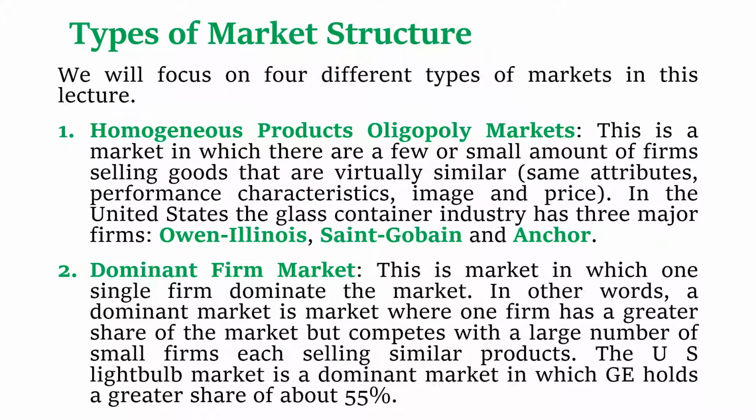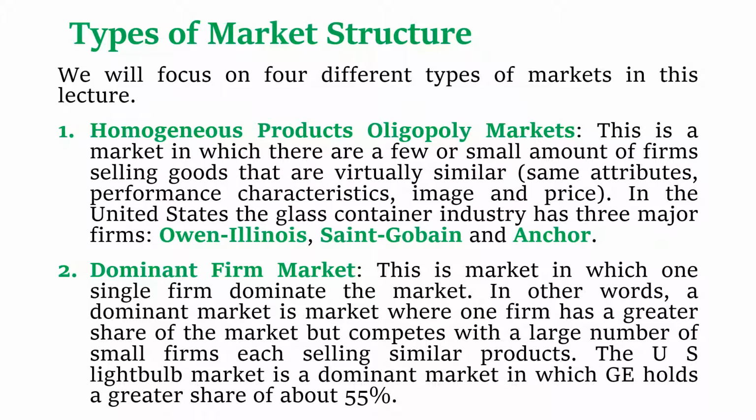So take a look at General Electric. General Electric holds a greater share, about 55% of the market in the United States. It is a typical example of a dominant firm in the US light bulb market. The US light bulb market is dominated by General Electric.